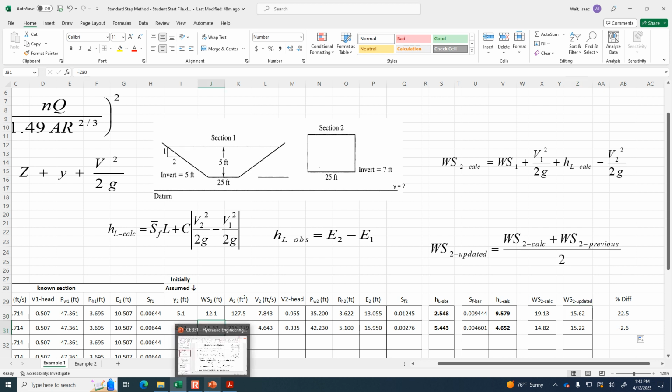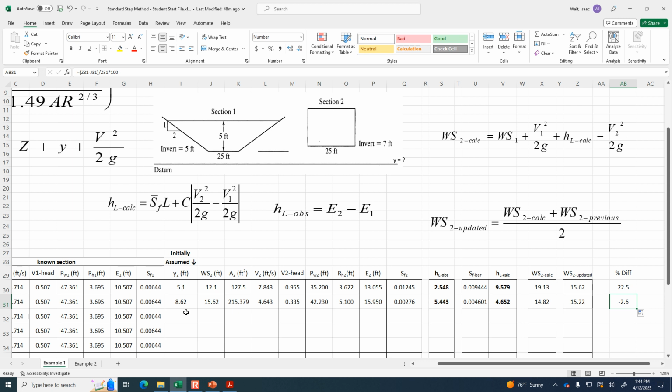So if the water is 8.62 feet, then we got a new area, a new velocity head, wetted perimeter, energy, slope of the energy grade line. The observed and the calculated head loss are much closer this time. So that's an improvement. And so the percent difference between the in and the out is negative 2.6. And that's okay that it's negative.